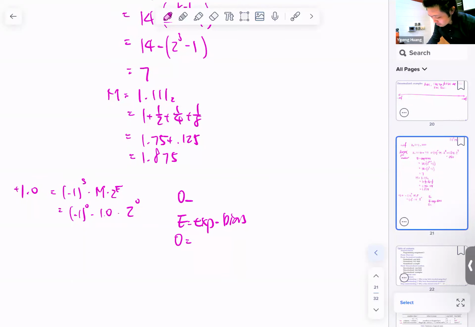The bias we had before was 7, same number system. So in the EXP field, we want to encode 7. How many bits are the EXP bits? K equals 4. So what is 7 in 4 bits? 0, 1, 1, 1.